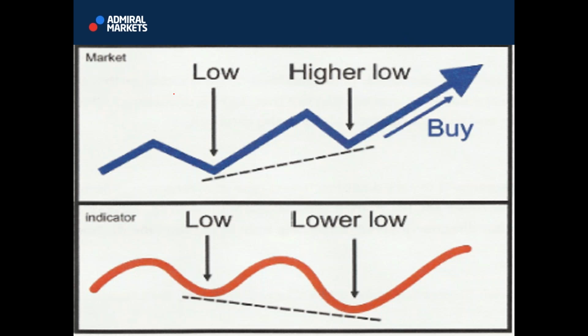So this is the price, and below it is the oscillator, guys. Okay? A higher low is needed on the price, and a lower low is needed on the oscillator.